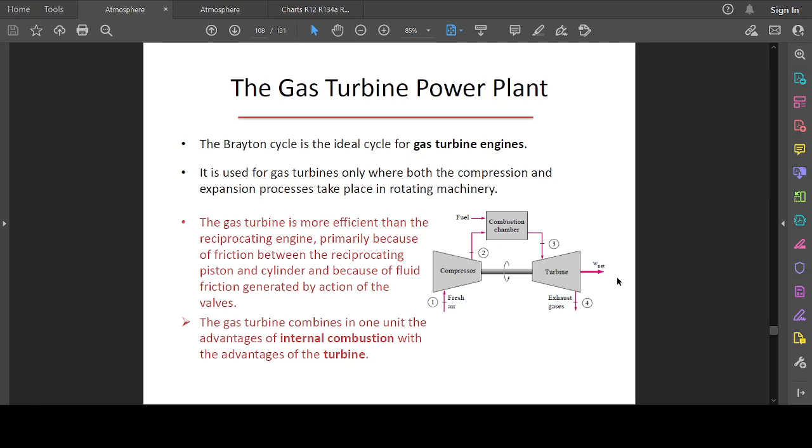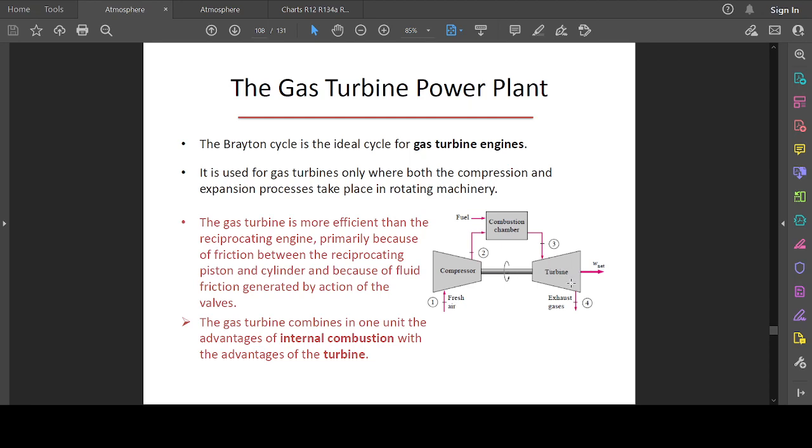Now the gas turbine is more efficient than the reciprocating engine, primarily because of the friction between the reciprocating piston and the cylinder and because of the fluid friction generated by the action of the valves. The gas turbine combines in one unit the advantage of internal combustion and the advantage of a turbine.